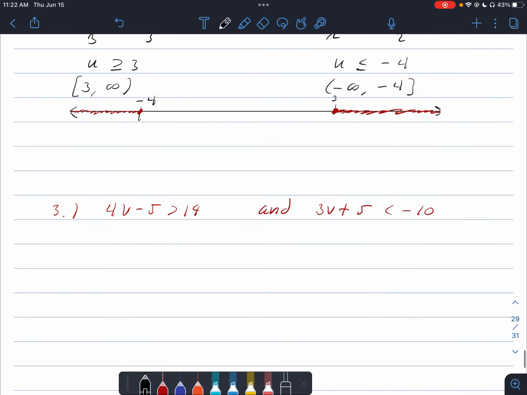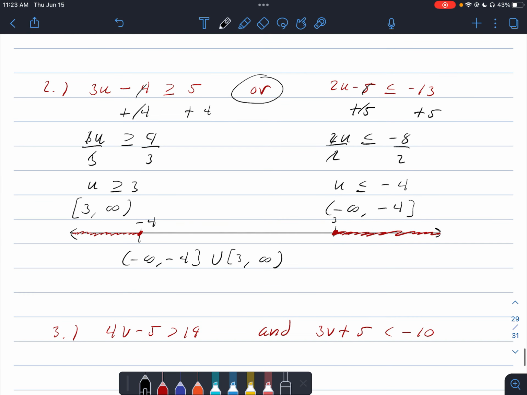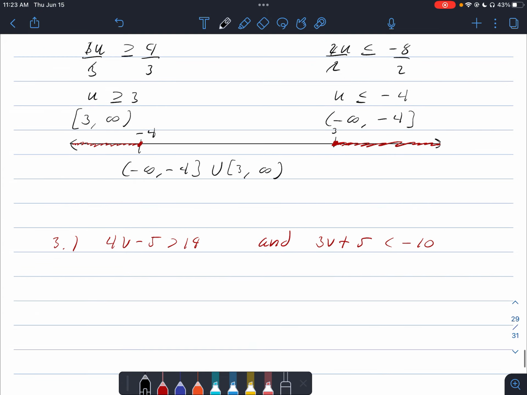Okay, this means that we're bringing these two intervals together. So we can actually write this as -infinity to -4 unioned with 3 to infinity. Okay, so those are all of the values that would satisfy either of these inequalities.